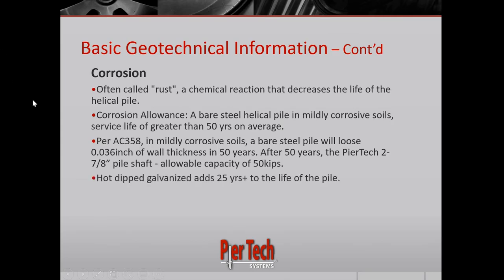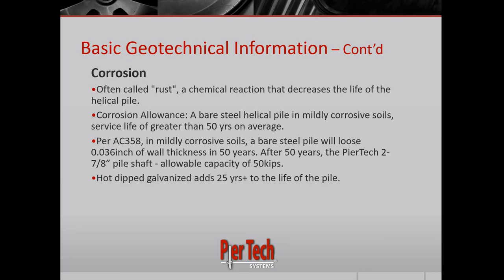Hot dip galvanizing is something that adds additional service life as well. Hot dip galvanizing is a chemical process where the zinc melds with the steel and chemically changes the outer diameter to create a protective barrier. And generally it's in the 4 to 7 mils of thickness.